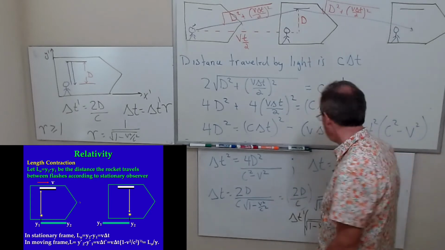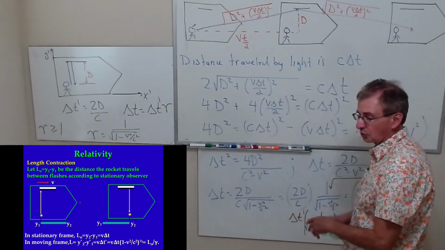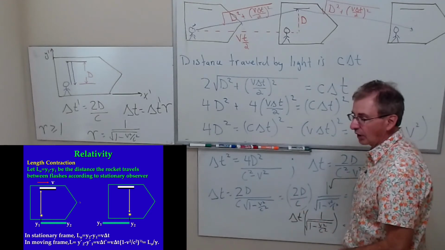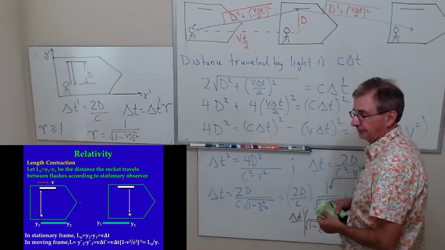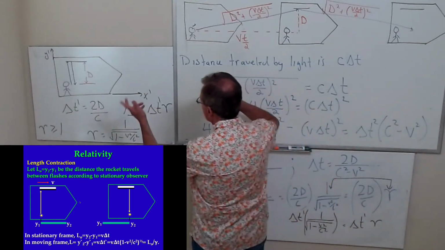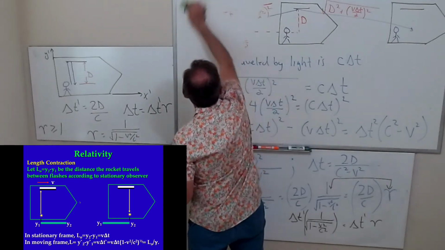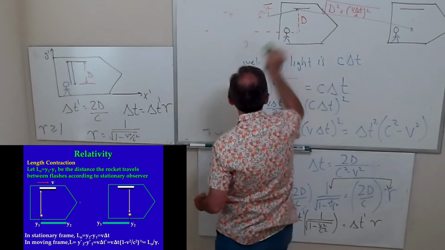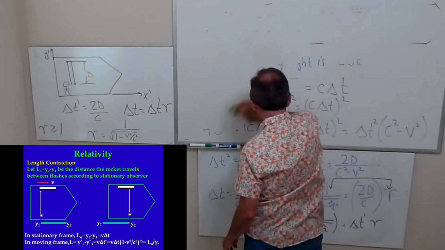They're denoted by the two coordinates y1 and y2. The distance between y1 and y2 is L naught. And we say that that rocket traveled that distance in some time t, or delta t, let's say.